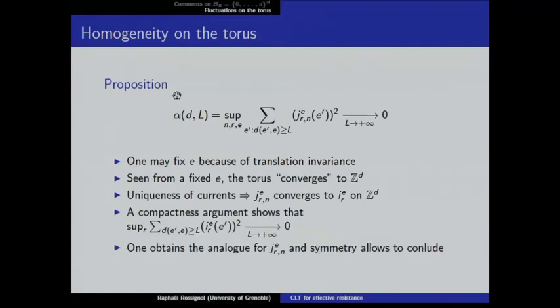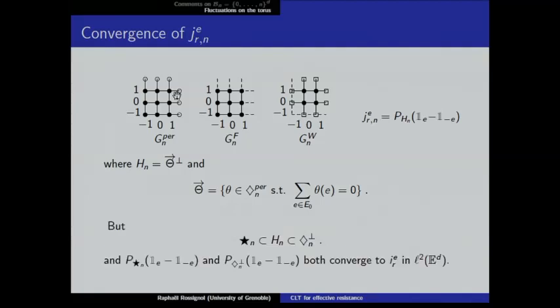Next there is a compactness argument which allows to show that this is true. But the main point, which makes everything work, is the uniqueness of currents on Z^d. Well, I will stop there.